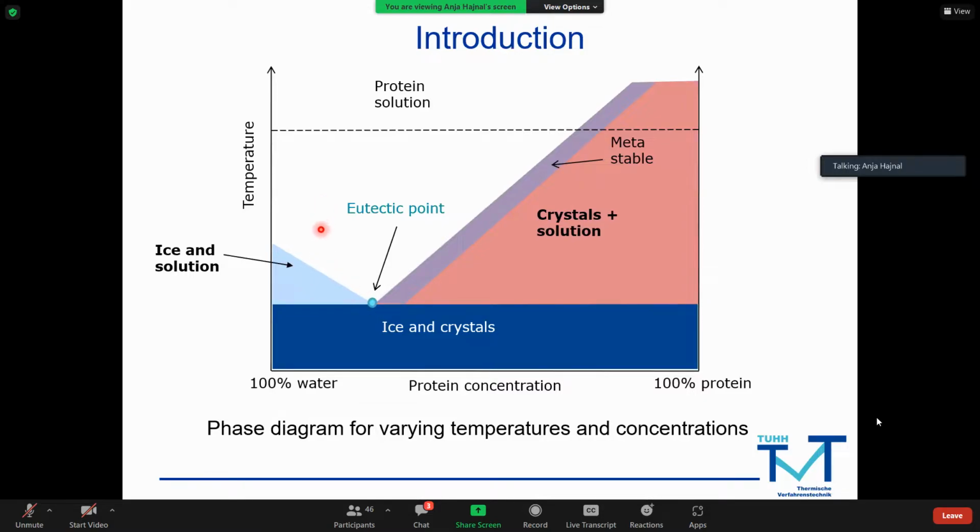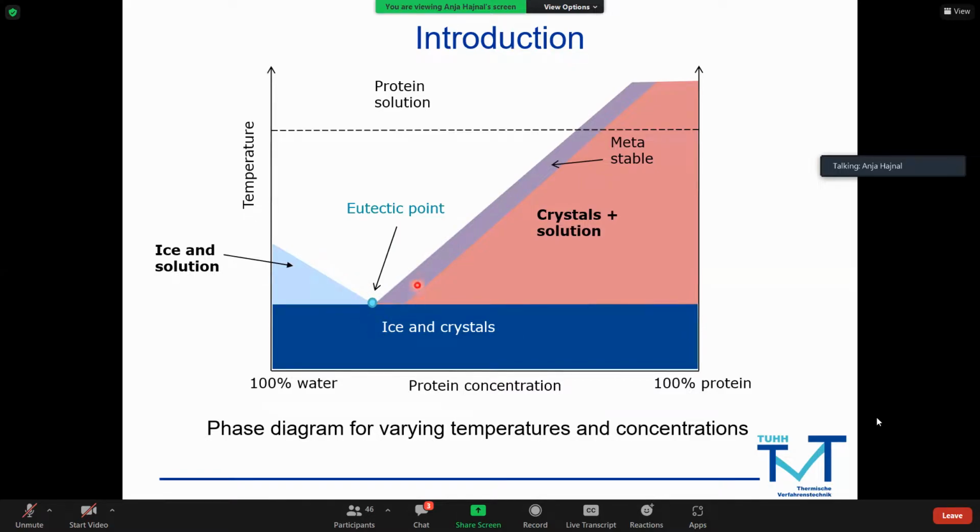so if we would, let's say, be on this side, we come to the liquidus line. Then first we would have a solution of this composition defined by the liquidus line, and we would have pure ice or pure water crystals. As we would lower the temperature and crystallization would take place, the solution concentration would move along the equilibrium, so the liquidus line.